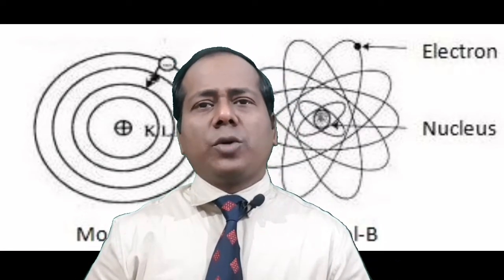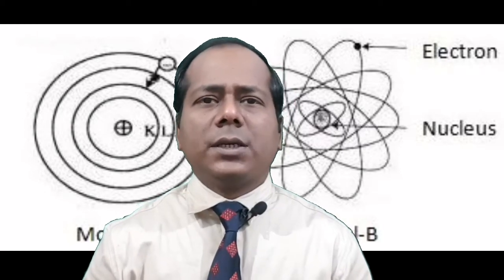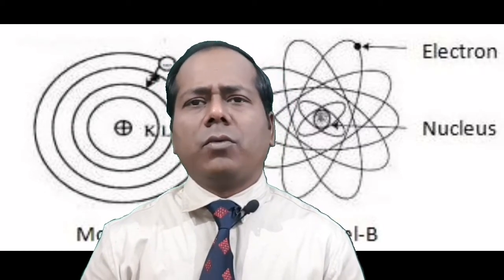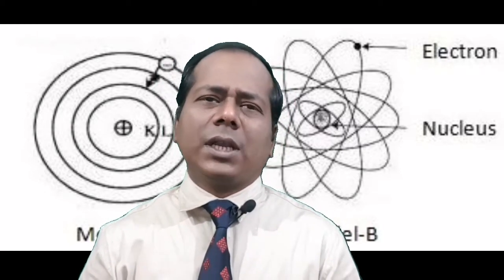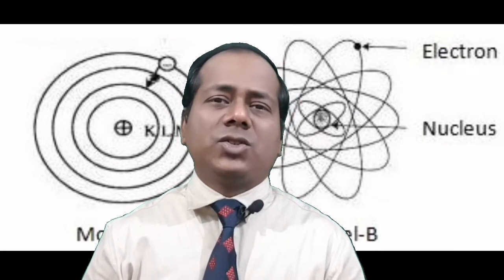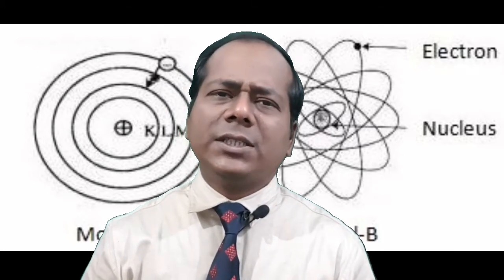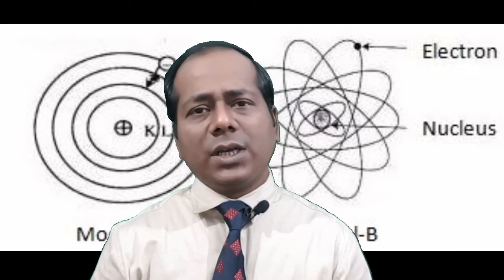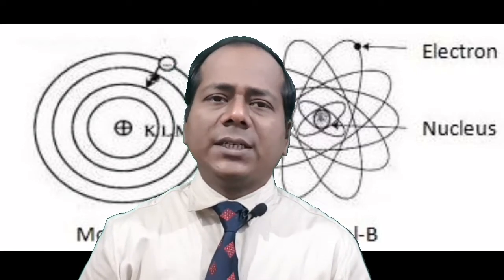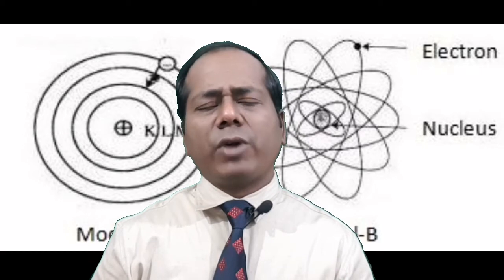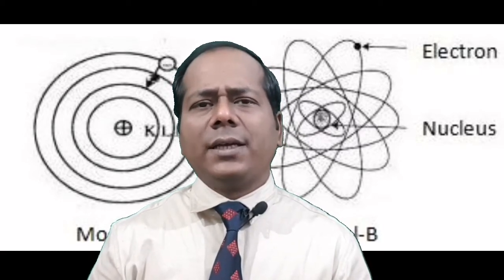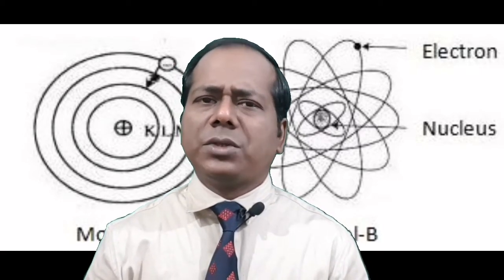According to electromagnetic theory, revolving electrons around the nucleus will continuously lose energy. Hence, the electron must gradually spiral in towards the nucleus. The radius of the electron orbit will gradually decrease and it will fall into the nucleus.